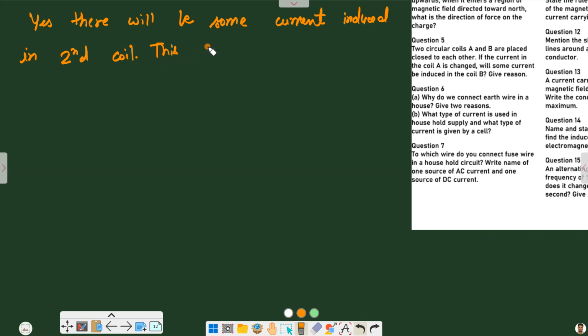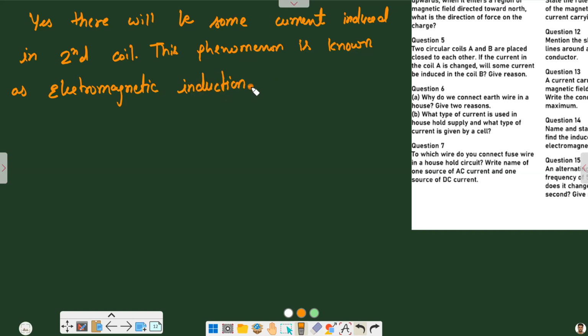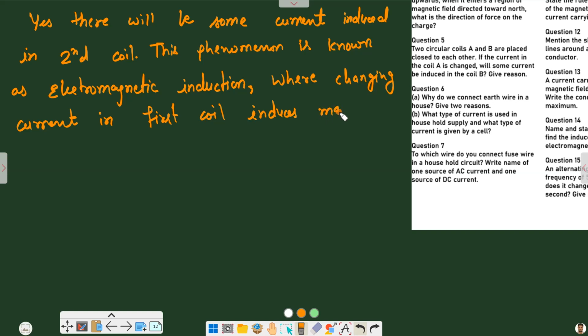This effect or this phenomenon is known as electromagnetic induction, where changing current in first coil induces current in second coil.